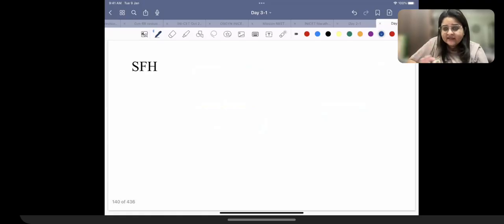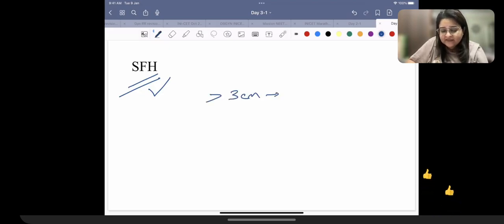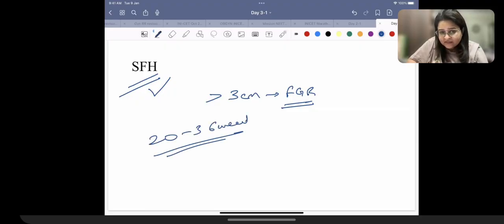Okay. The second thing we do is the symphysiofundal height. This also I discussed with you yesterday. If the disparity is more than 3 centimeters, then you should suspect fetal growth restriction. This is the main use of symphysiofundal height. It is valid between 20 to 36 weeks.